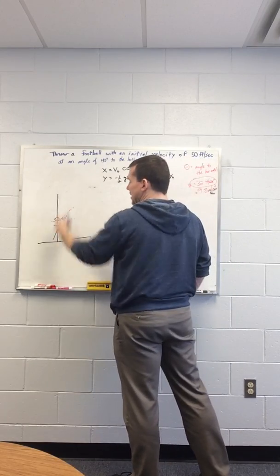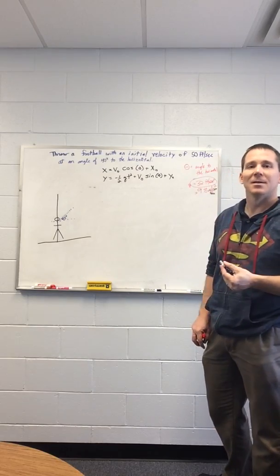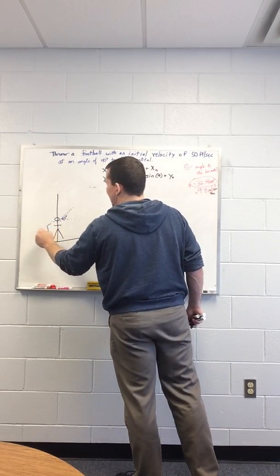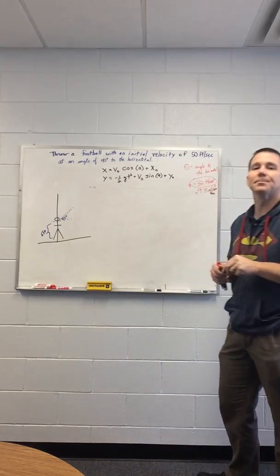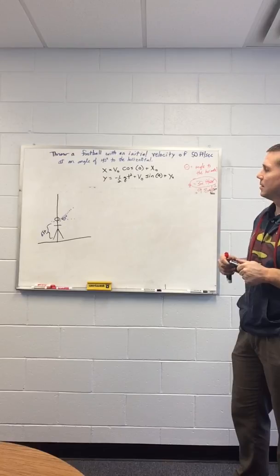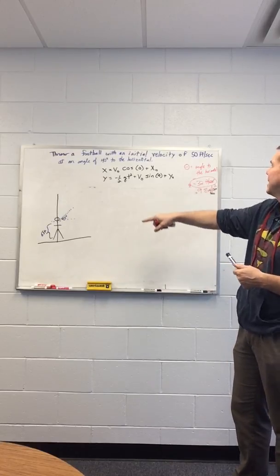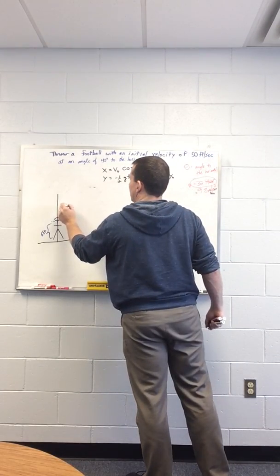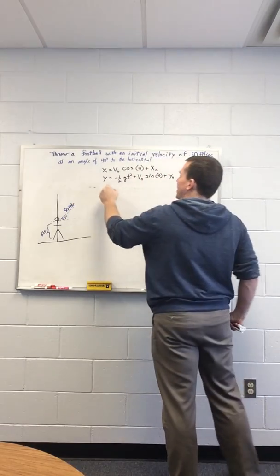My initial x value, x sub 0, is 0 because I'm right on the axis. My initial y value is the height I throw it at, and to keep things even, we'll say it's 6 feet. So now I have a y sub 0, an x sub 0, my theta, and my initial velocity.